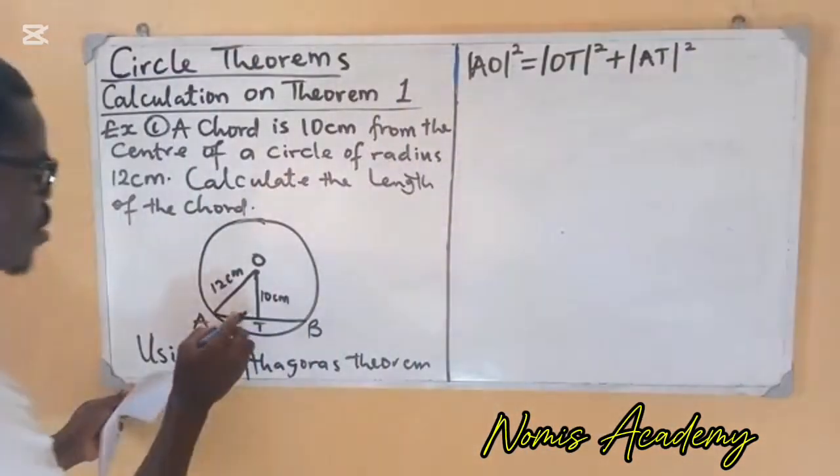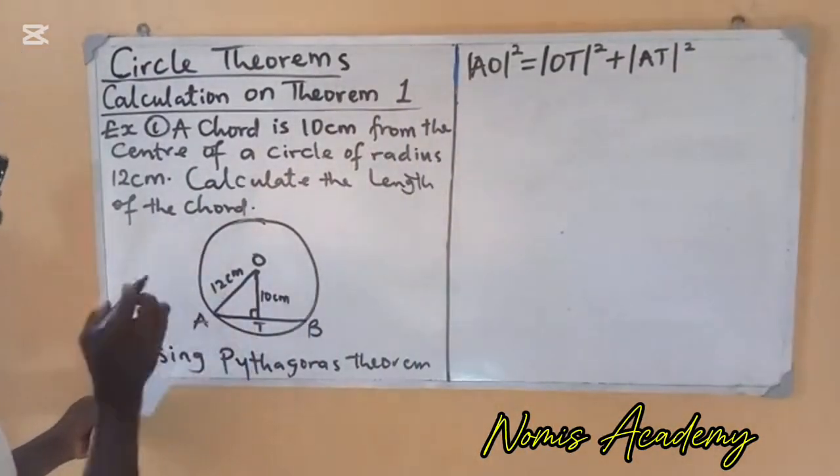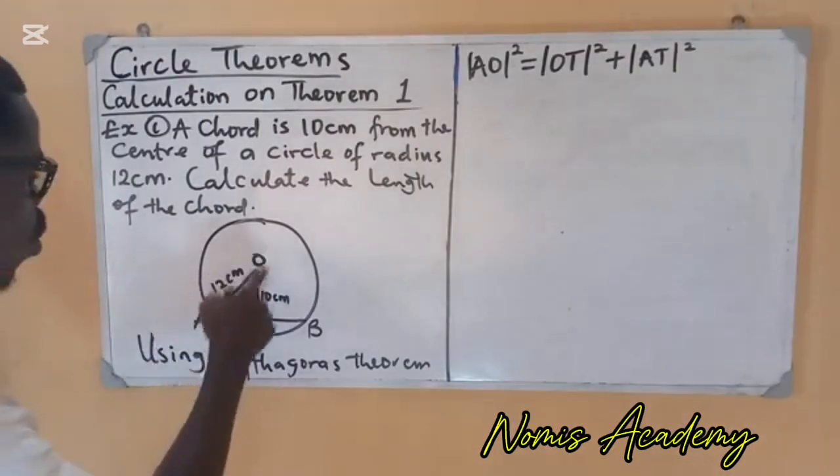So we are considering the right triangle AOT.